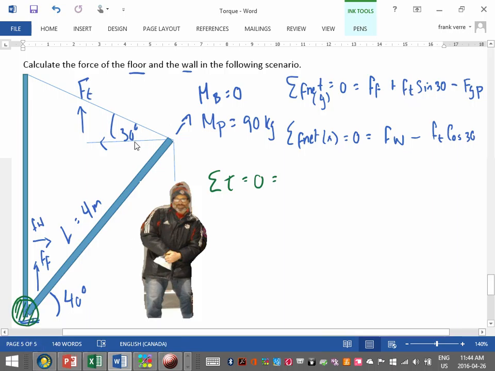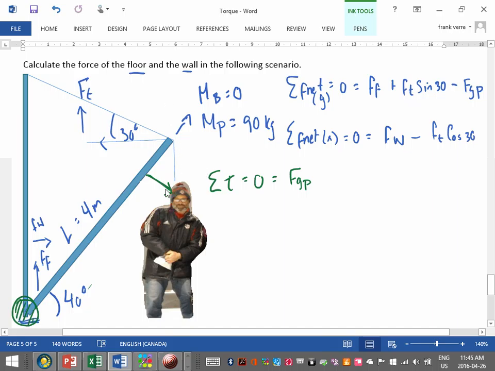So what are the only two things causing rotation then? Well, we have the mass of this individual, so its weight, and that force is being applied at a distance of 4 meters. We can get that perpendicular component.